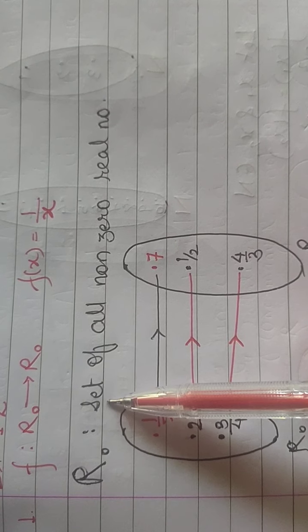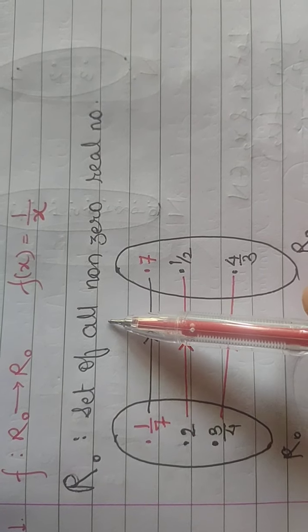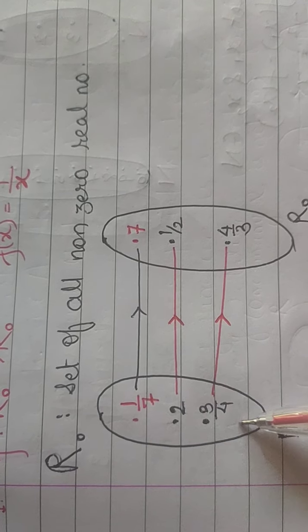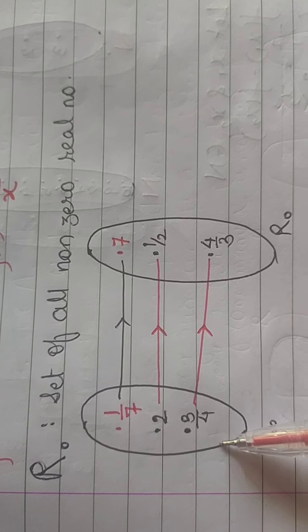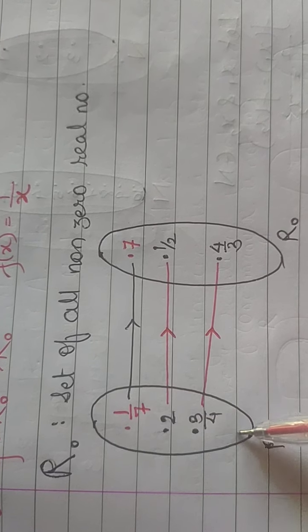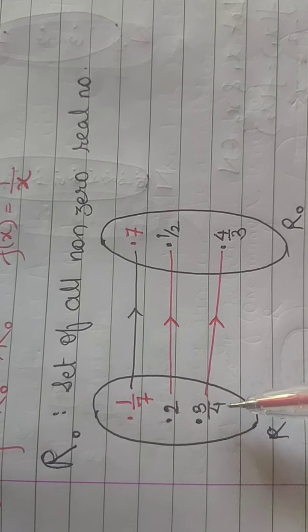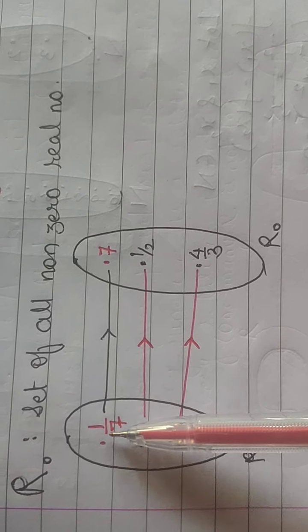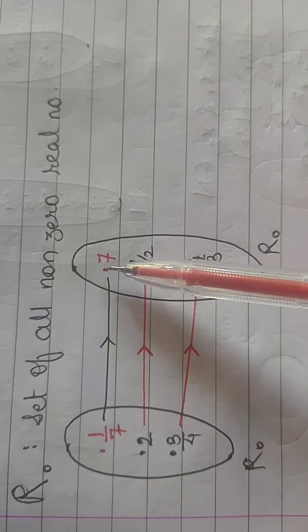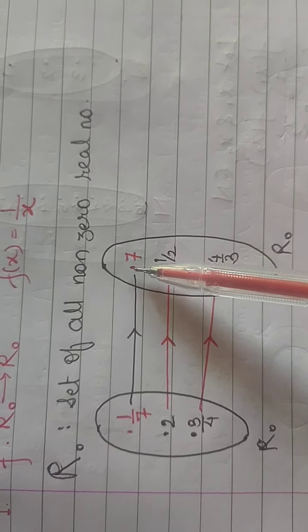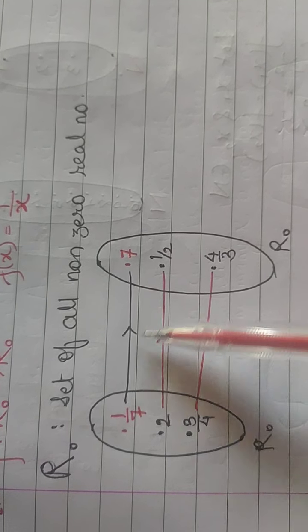It is defined on the set R0, that is, the set of all non-zero real numbers. In the domain there are all real numbers excluding 0. 0 is not there. Now for every number there will be a reciprocal in the codomain.